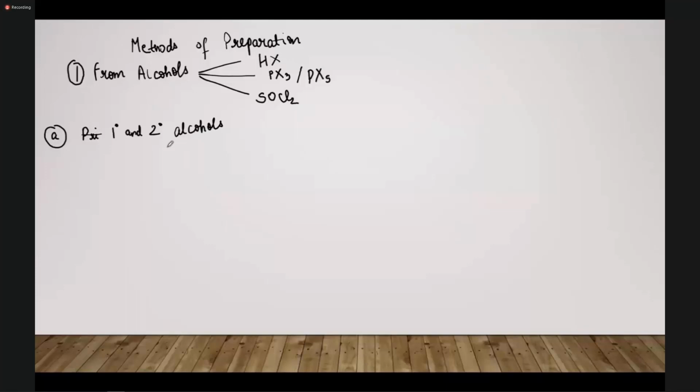So this category, for 1 degree and 2 degree alcohols, the reaction here is ROH, this is the alcohol, plus HCl. This is the halogen acid. The halogen acids are HX, that is HCl, HBr, HF, and HI. The special thing in this case is that for the primary and the secondary alcohols, we need ZnCl2.